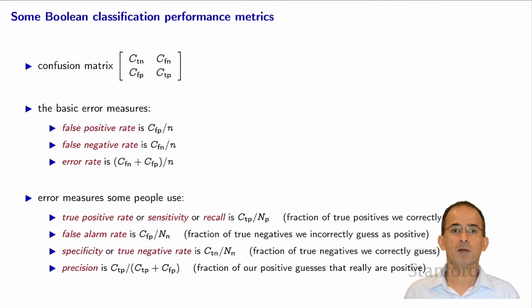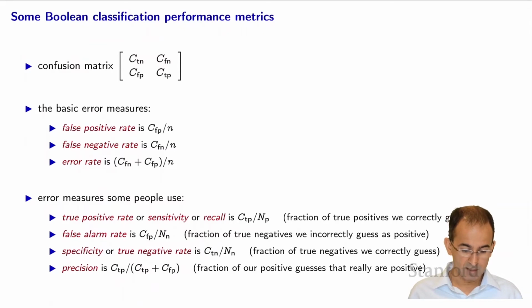There's also a whole bunch of other terminology that people like to use, often in very specific fields. So people talk about the true positive rate, or the sensitivity, or the recall. That's CTP over n sub p. It's the fraction of true positives which we guess correctly.